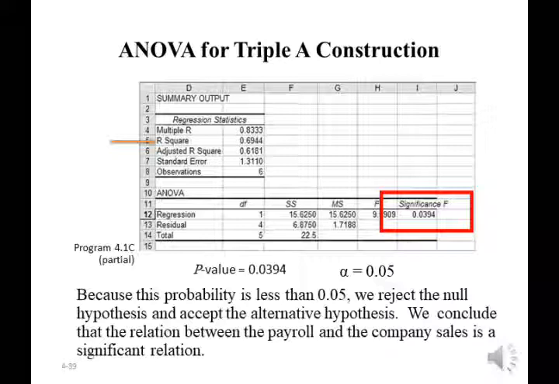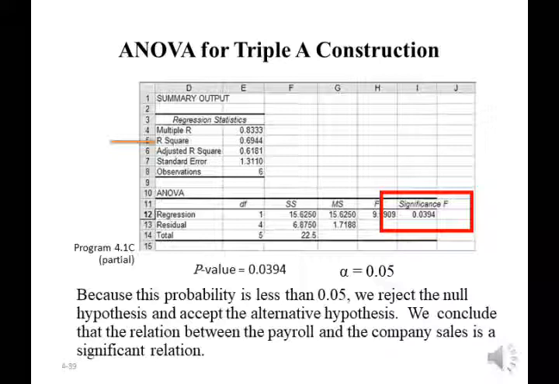If the p-value is larger than the level of significance, we accept the null hypothesis and reject the alternative one. In our example, the p-value here is equal to 0.0394 and alpha is equal to 0.05.